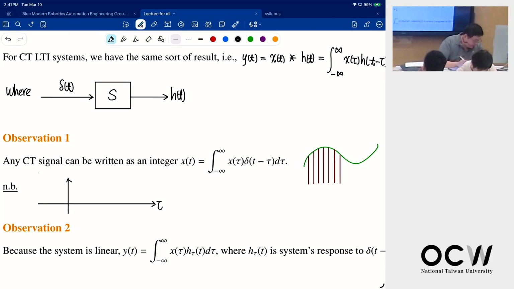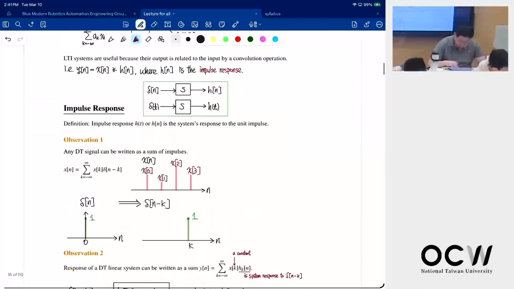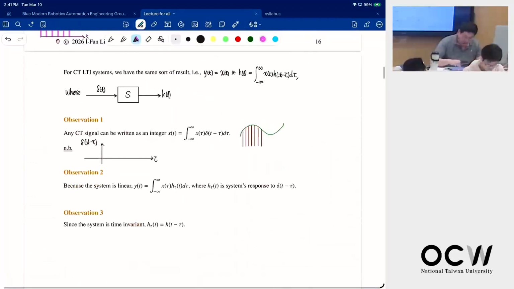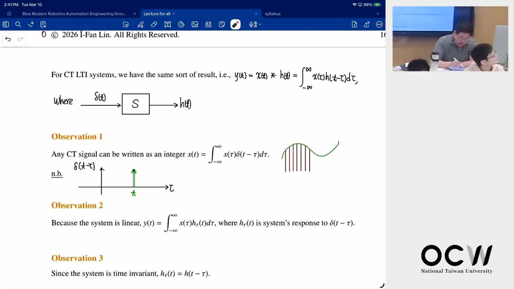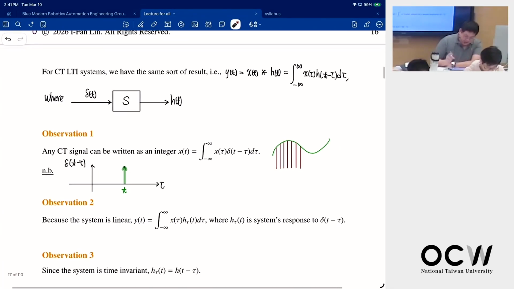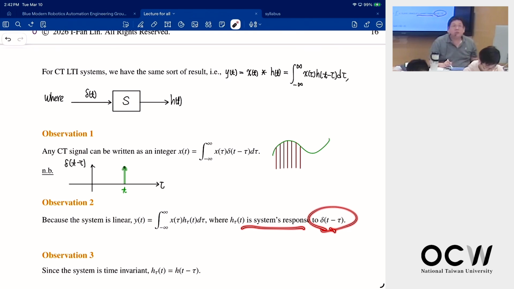If I shift it by t, and since the system is linear, we can write the output here, and this h tau is the system's response to your shifted impulse.